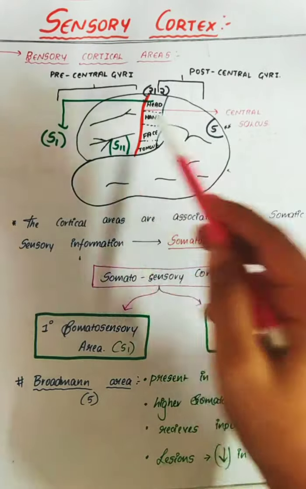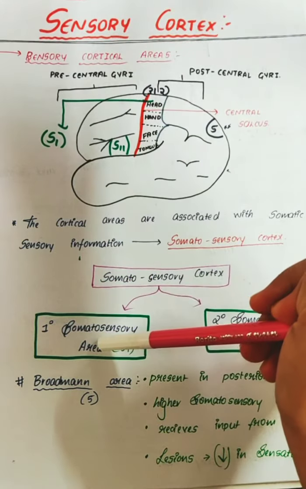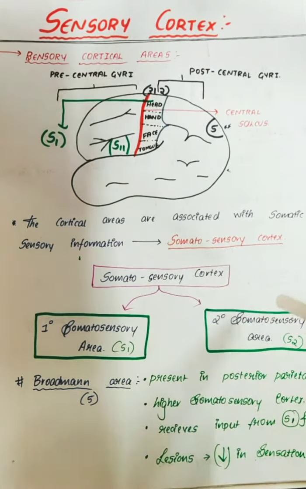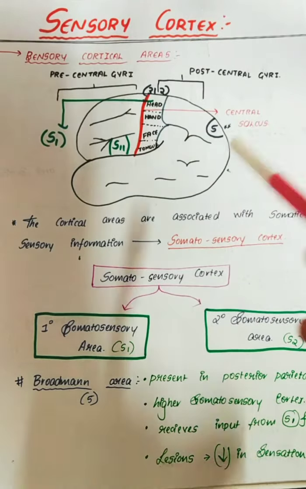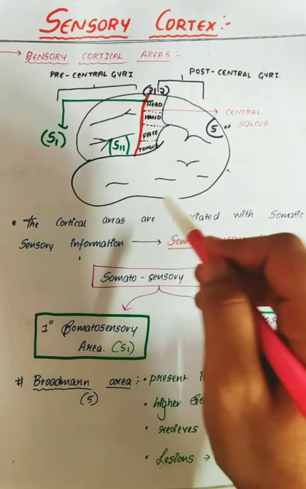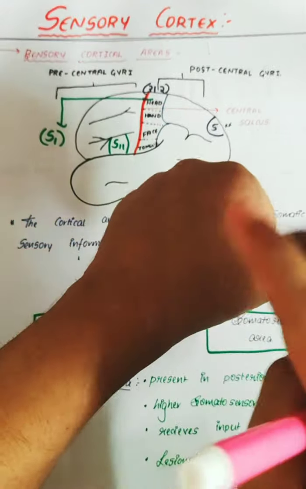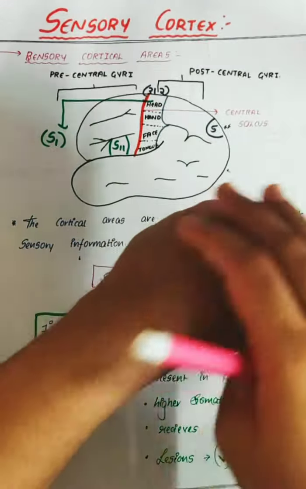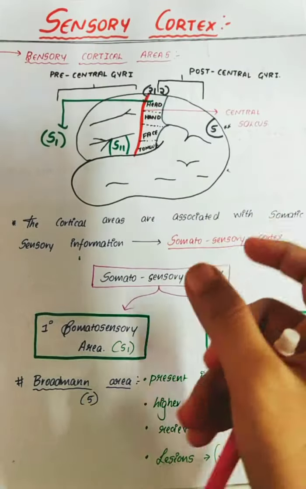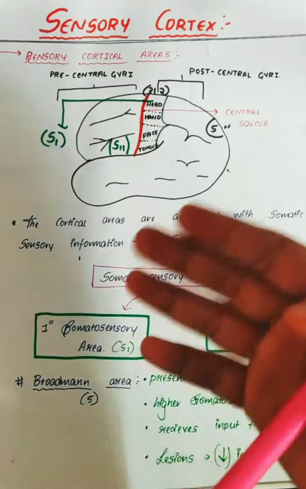In the diagram you can see S1, which means the primary somatosensory area, and S2 means the secondary somatosensory area. The cortical areas are associated with somatic sensory information. So if you get touch, pressure or pain, anything on the superficial surface of your body, all these things will go to your brain. It is like there is a connection between the cortex, or the brain, and your somatic structures.